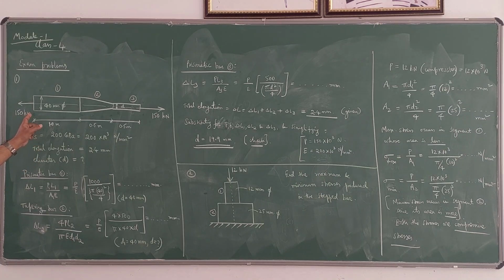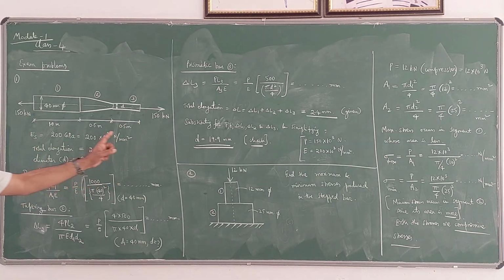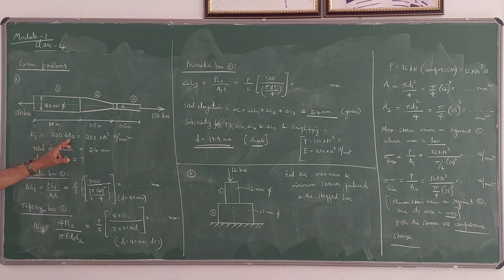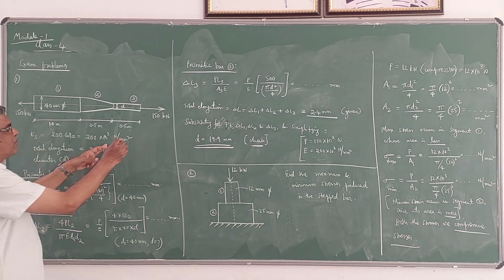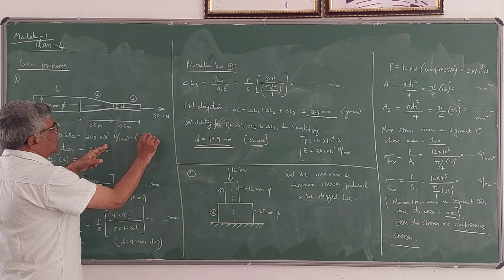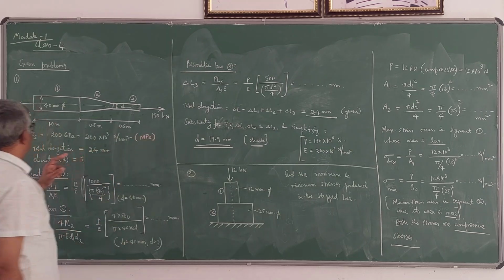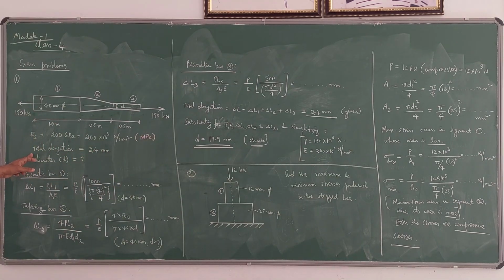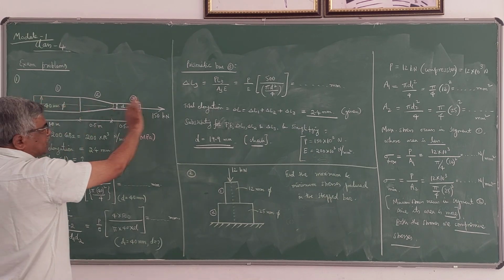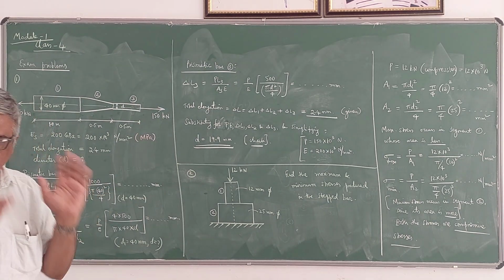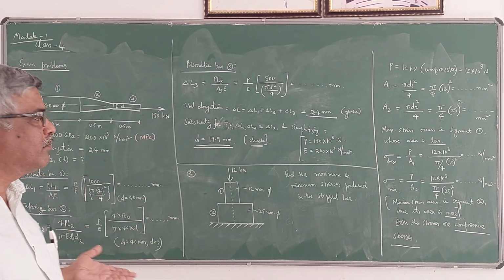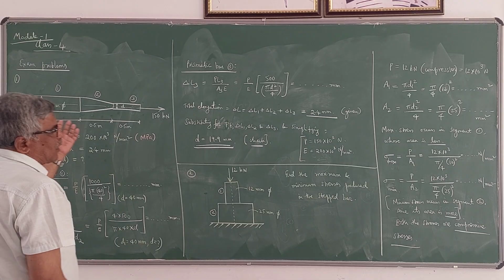He has given that this material is steel whose Young's modulus is 200 GPa, the E value. We have to convert that into MPa or Newton per mm square, which is 200 into 10 power 3. Then in this problem he has given the total elongation as 2.4 mm. Since all three segments are subjected to the same tension force of 150 kN, all three segments will be elongated.